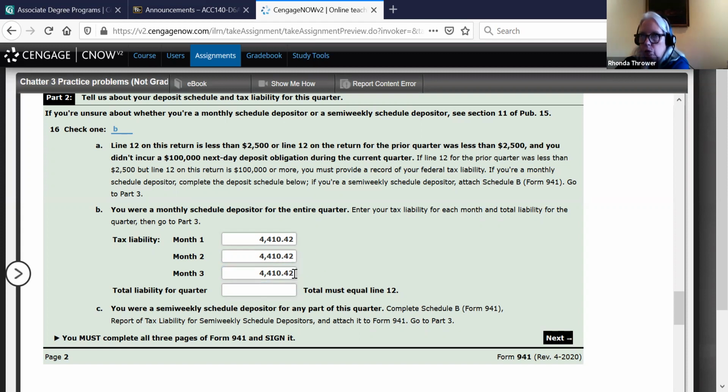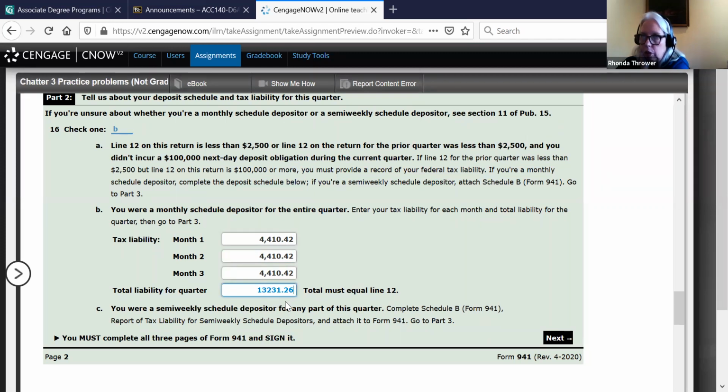When you combine 3 months together, you're going to add these 3 together, and that will give you the total amount of taxes that were withheld, which is also this amount here.